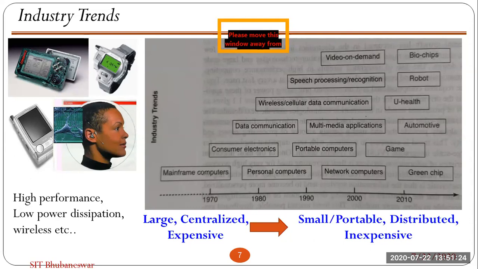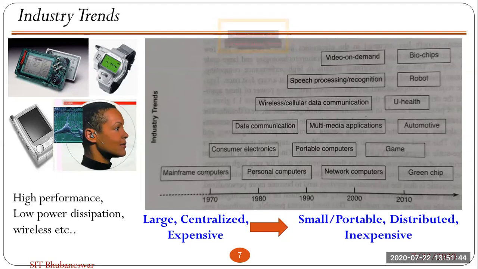And in semiconductor technology, it is possible. Industry is going in that direction. People are demanding, so industry is making that product. So it is continuously growing. Okay, so it's high performance, low power, wireless, etc.